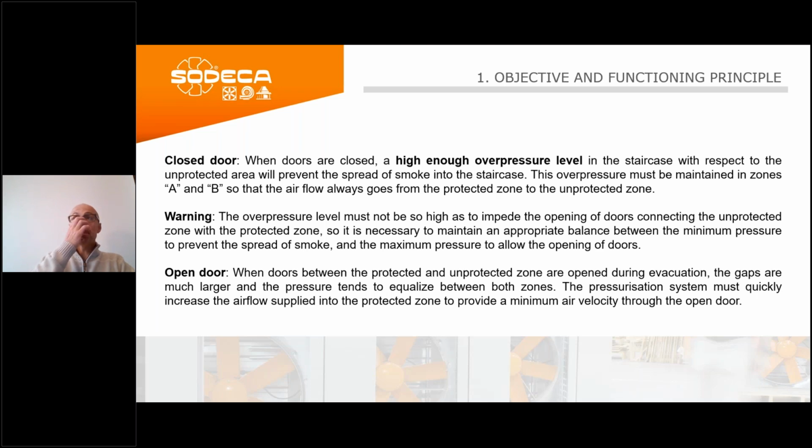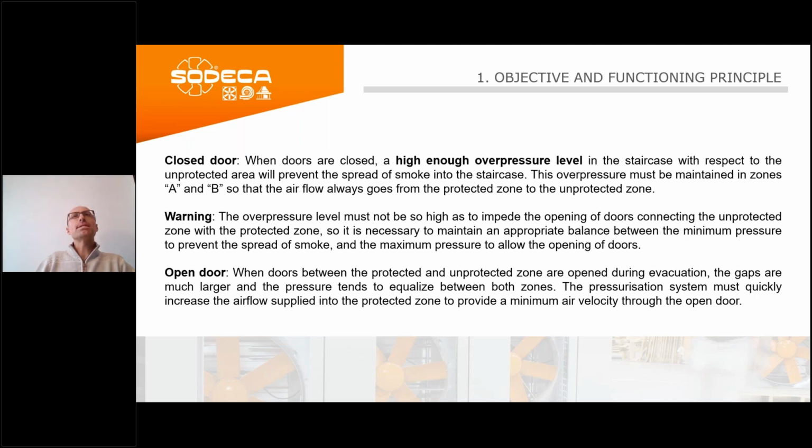This overpressure must be maintained in zones A and B, stairwell and lobby, so that the airflow always goes from the protected zone to the unprotected zone. But we have to bear in mind that if this level of overpressure is too high, it could impede the opening of doors connecting the stairwell and the accommodation area.